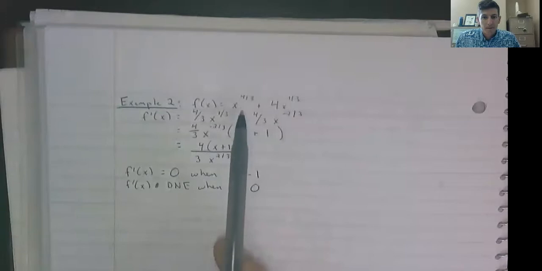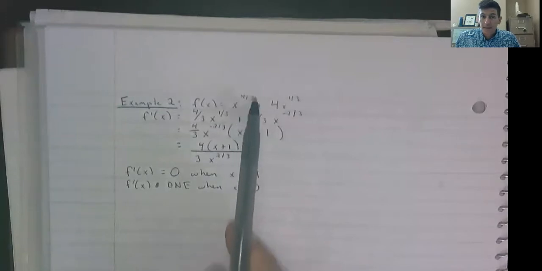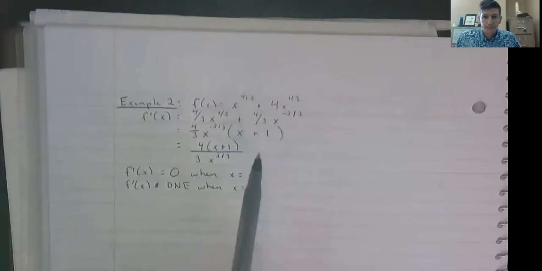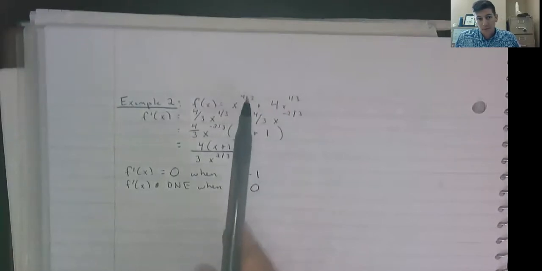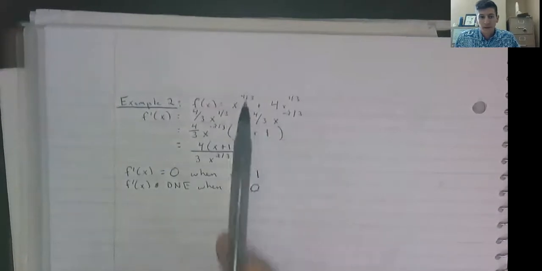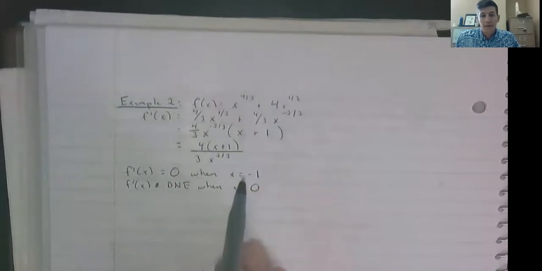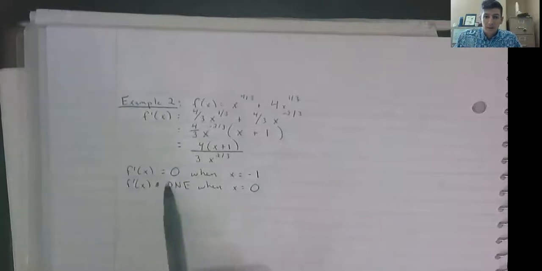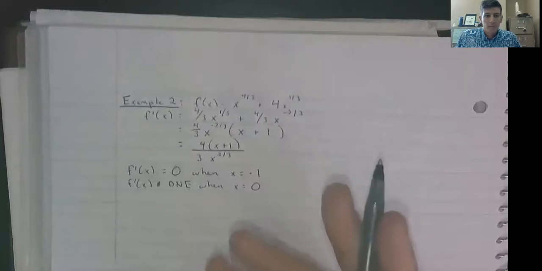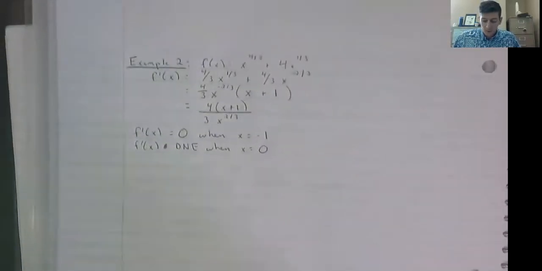-1 would be dicey if these weren't odd roots, but because these are odd roots, we're okay. Also, since we're doing the 4th power on that one, it turns it positive. But for 1/3, it's okay to have -1. 0 is also in our domain because 0 to the 4/3 and 0 to the 1/3, that's okay. So both of these are in our domain.